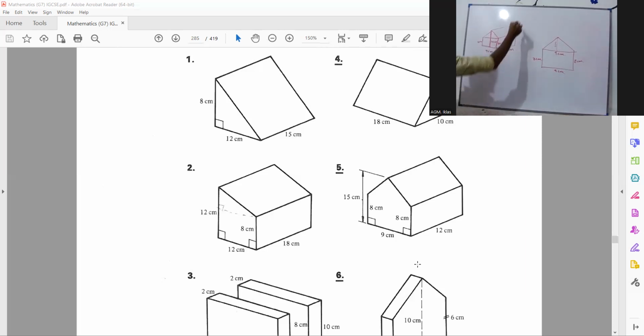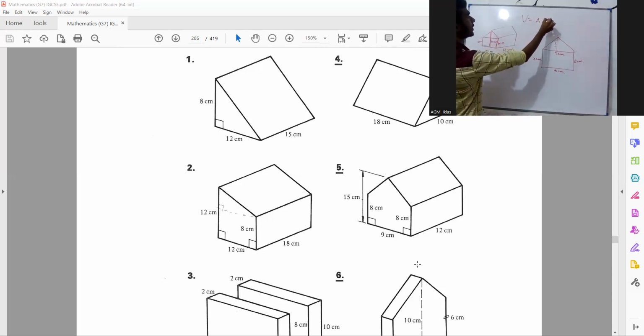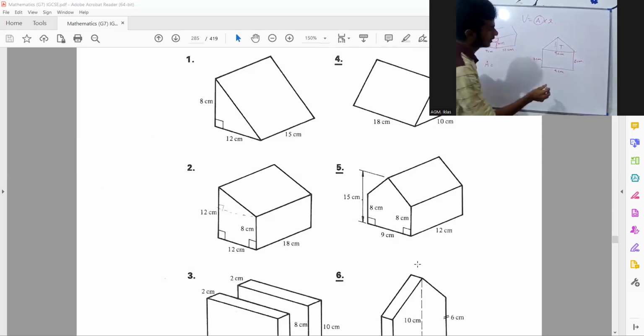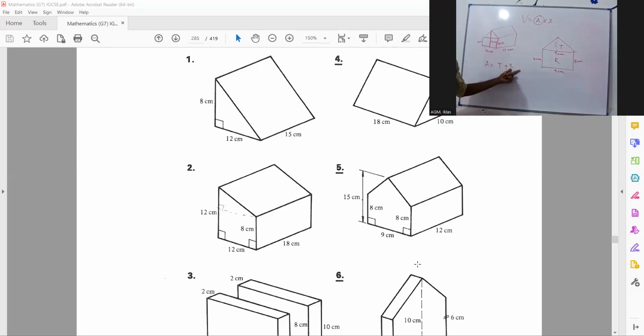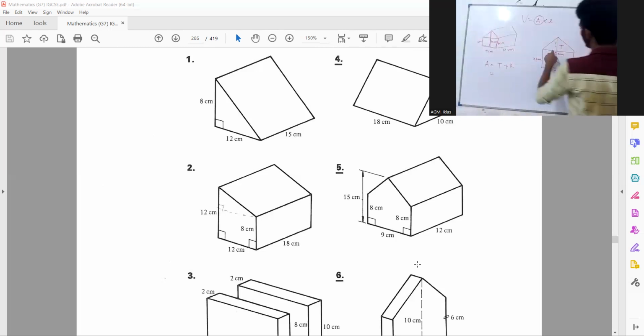So I know V is equal to A cross L. Before that, we need to find A. So A is equal to, this is triangle and this is rectangle. A is equal to T plus R. T means area of triangle and R means area of rectangle. You know how to find the area of triangle? Half into base into perpendicular height.